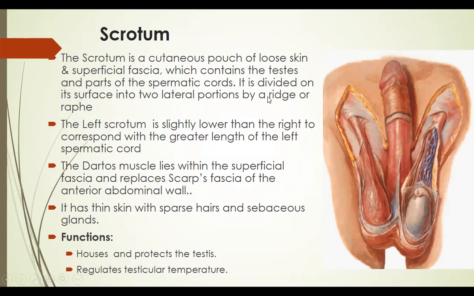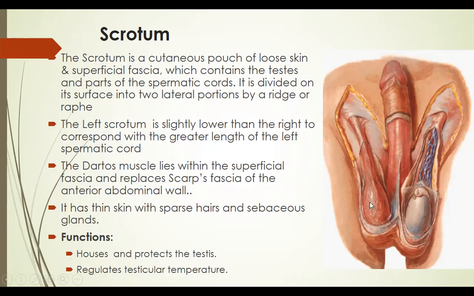It is divided on its surface into two lateral portions by a ridge or raphe. In the center, this bag is divided into two parts, right and left, by a median raphe or ridge. This ridge will divide it into two small pockets, which will contain the testes. The left scrotum is slightly lower than the right.